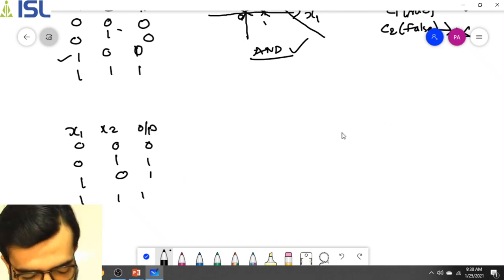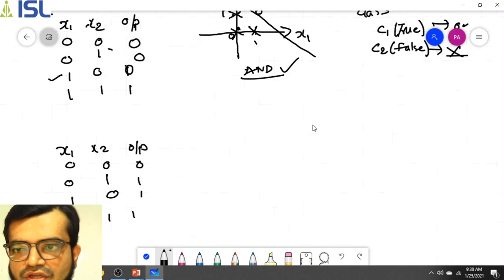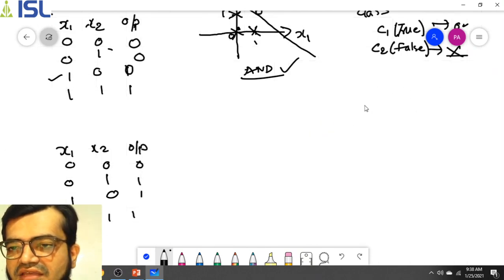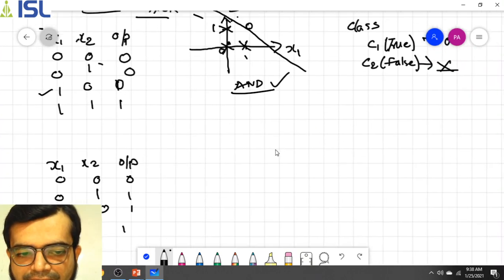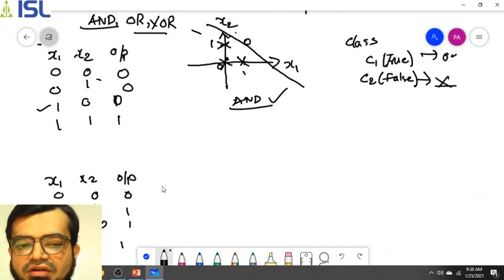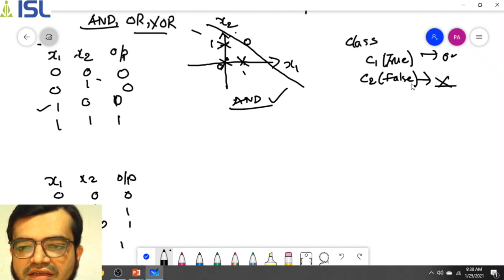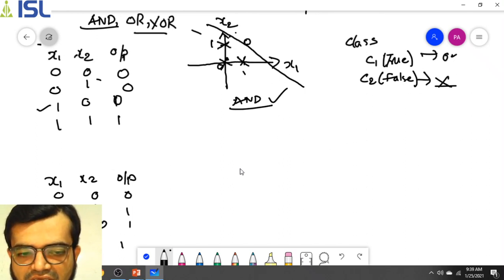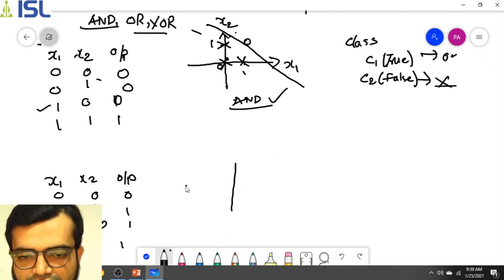Same thing I'm taking here. For C1, if the output is true I represent it with a circle, and if it is false I represent it with a cross mark. So again I'm taking this condition here.